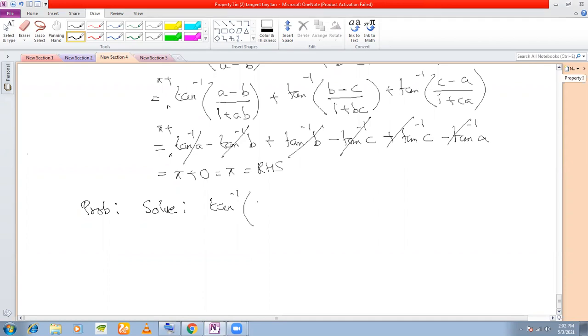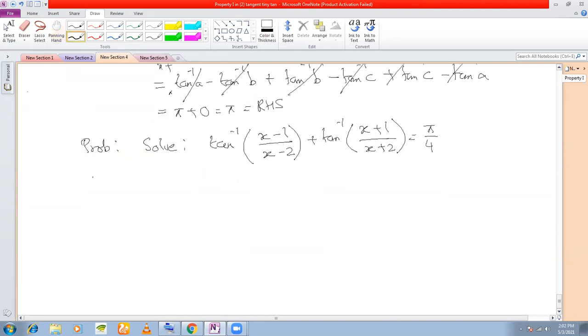Solve tan inverse (x minus 1) by (x minus 2) plus tan inverse (x plus 1) by (x plus 2) is equal to pi by 4. Now remember, this is not a proof. This is a solve. This is more of an equation. You need to solve for x. Okay, so you start here.